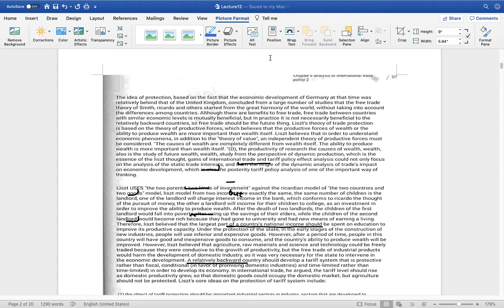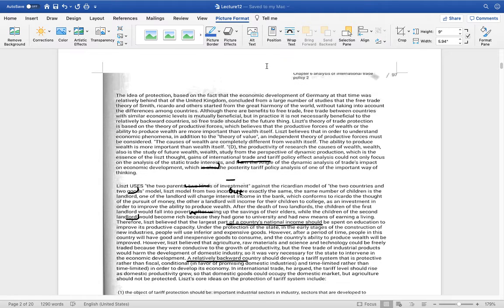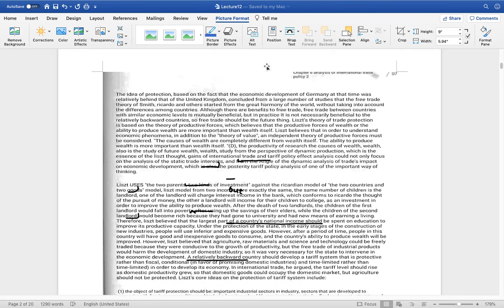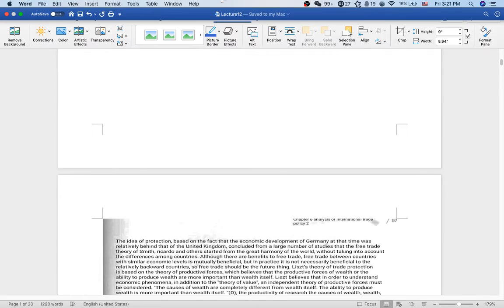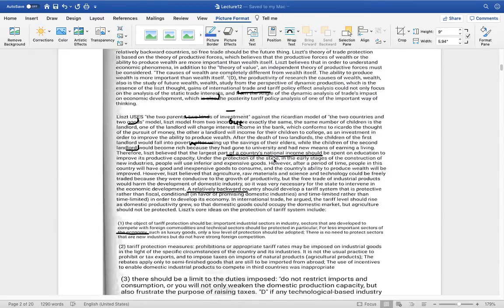So List used a model that is different from Ricardo's. That model is named the two parents and two types of investment, against Ricardo's two countries and two goods model.